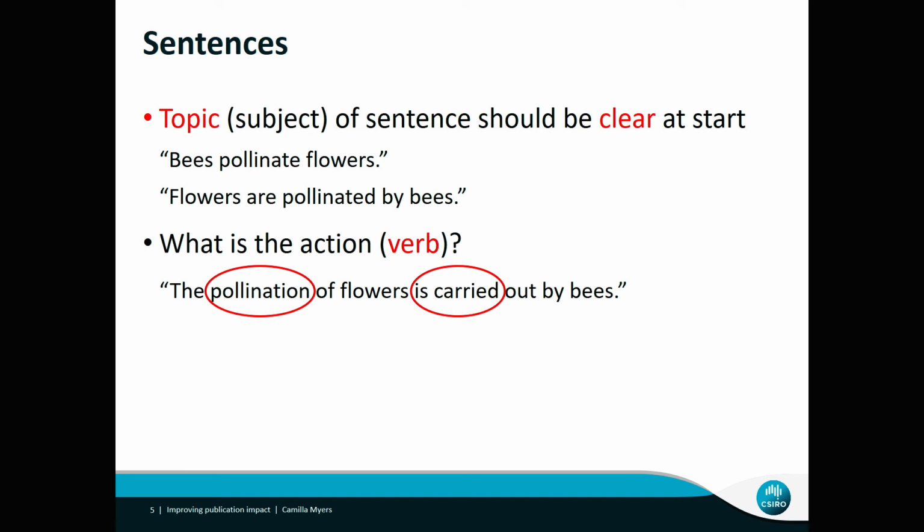And so we've got the pollination of flowers is carried out by bees. Not clear at all. What you want to say is flowers are pollinated by bees. Or, as I said earlier, if you want the sentence to be about bees, then you need to say bees pollinate flowers.